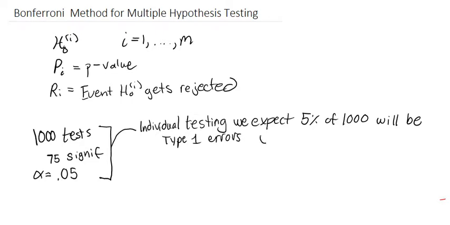What does this mean? That 50 of the tests, which is 5% of 1,000, are going to be junk. They're going to register as significant when they're not actually significant.